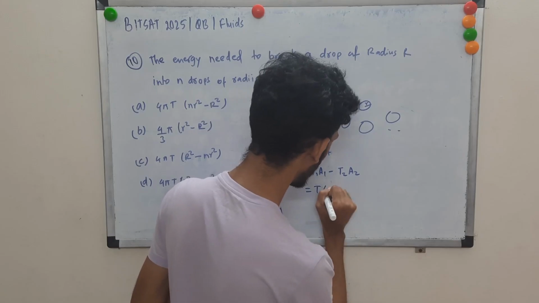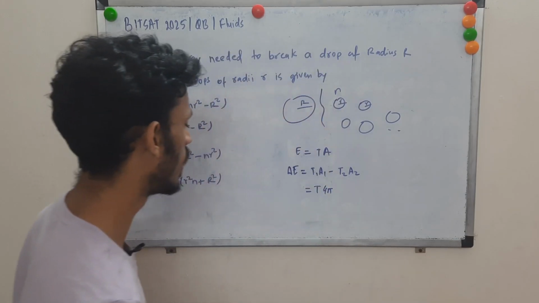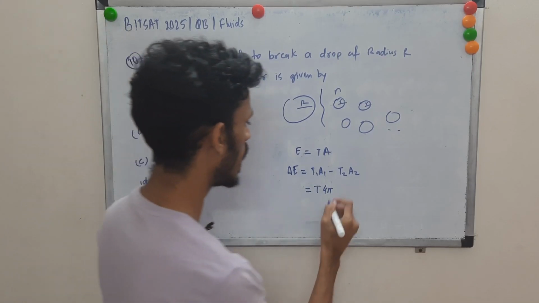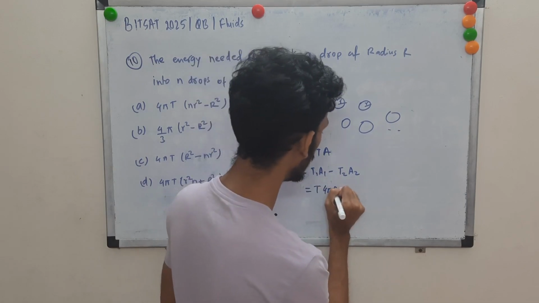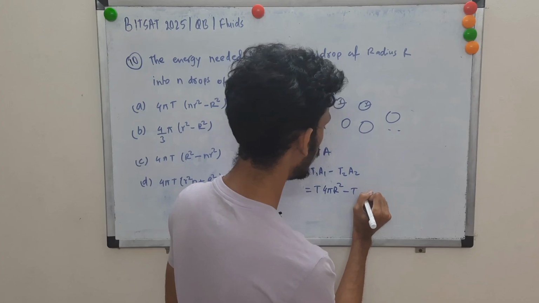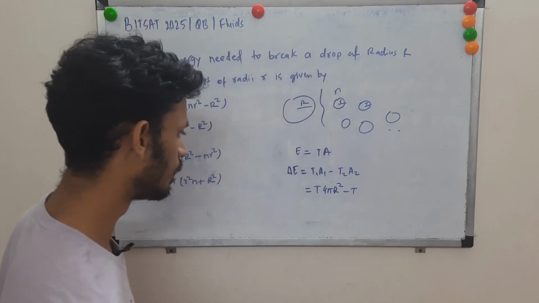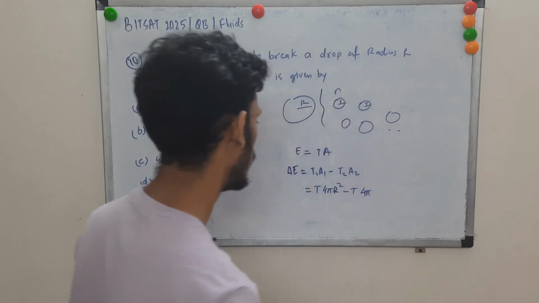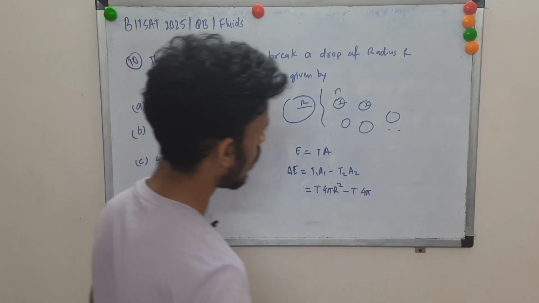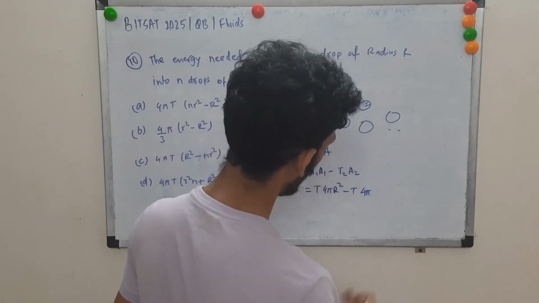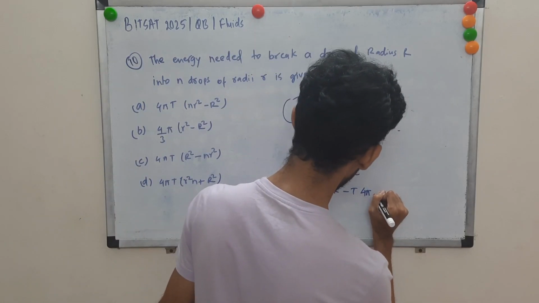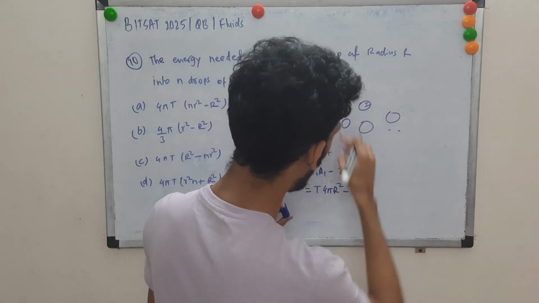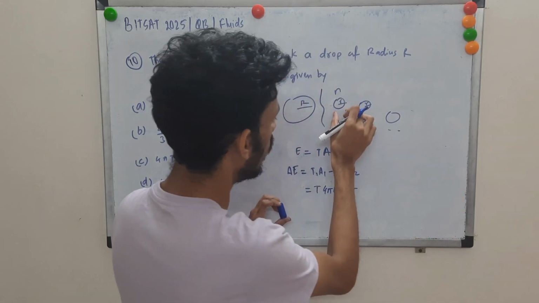The areas are in terms of spheres, so the surface area of a sphere is 4 pi r square. A1 is this bigger sphere, 4 pi R square, and for the small drops, what is the area of all of them, not just a single drop?